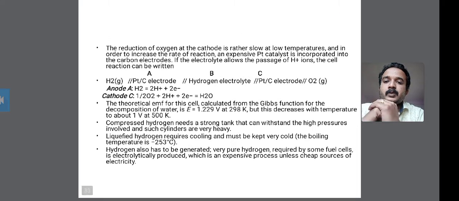E is equal to 1.229 volt at 298 Kelvin. So the Gibbs function shows the EMF of the cell is about 1.229 volt. But it decreases with temperature to about 1 volt at 500 Kelvin. As the temperature increases, the EMF decreases.